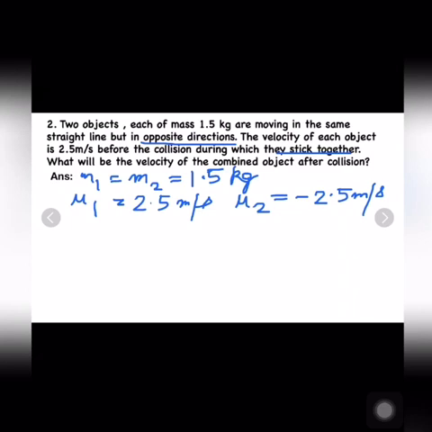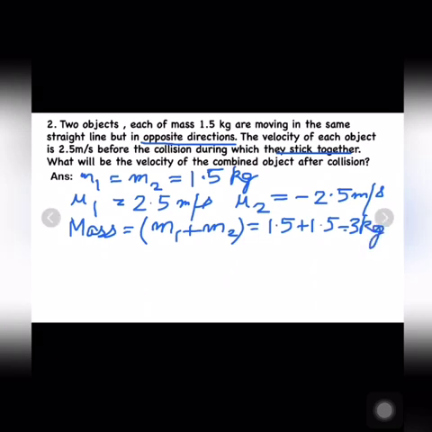Now during which they stick together. So when they stick together, after collision the mass becomes m1 plus m2, which will be equal to 1.5 plus 1.5 equal to 3 kg, because they stick together.